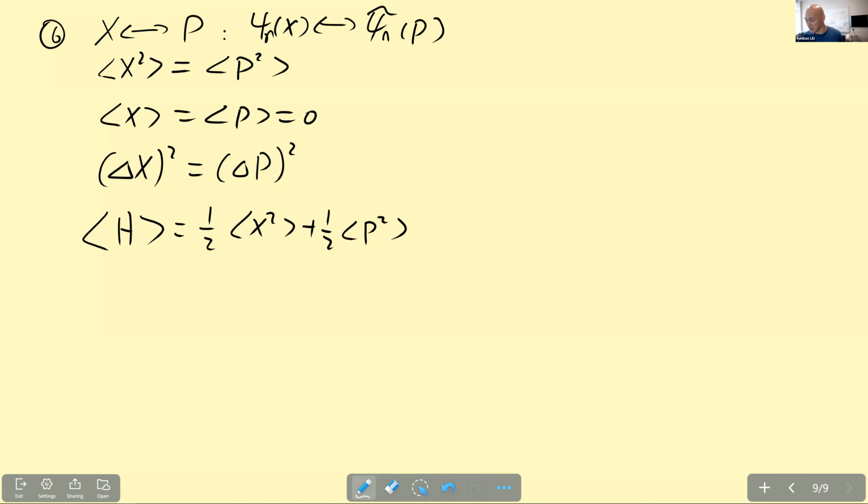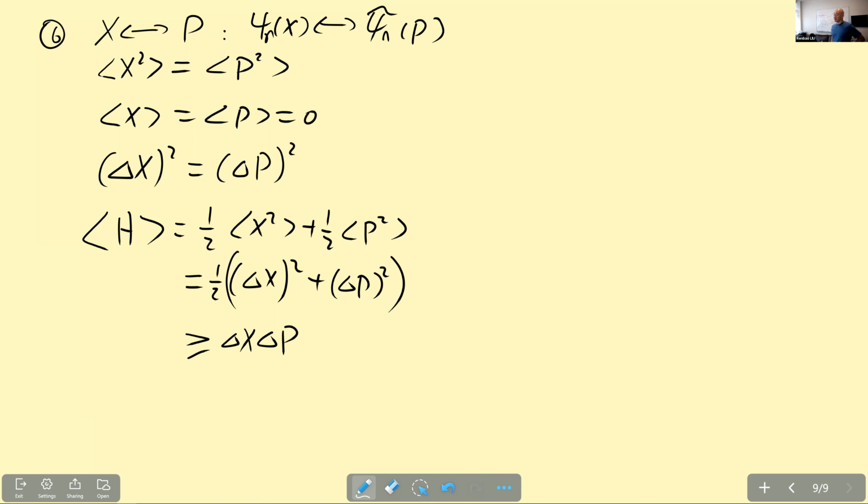And this one now should be just 1 over 2 delta x squared plus delta p squared. So this is a very beautiful formula. You know that the average energy of a state is just given by the fluctuation of the momentum and the position.